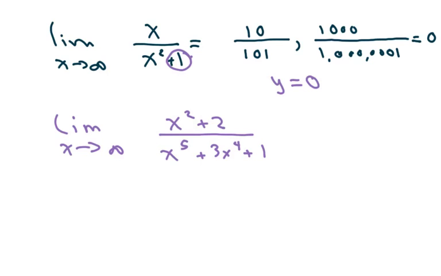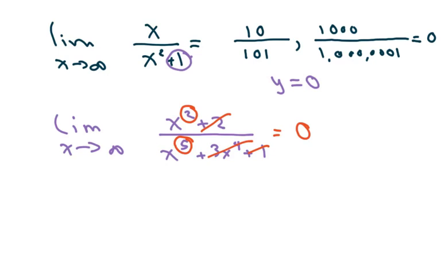What you notice is that the degree in the denominator is a lot bigger than the degree in the numerator, so the denominator is going to get extremely large as opposed to the numerator. So this is going to go to 0. And the bigger the number, this little stuff in here is not going to matter.